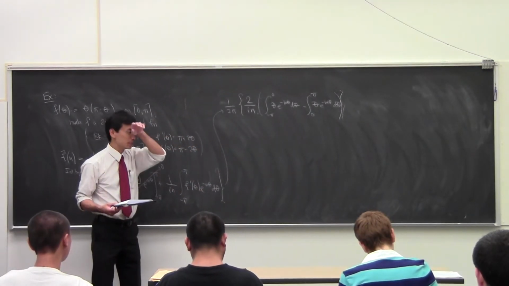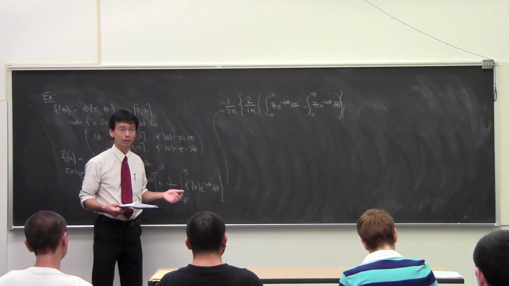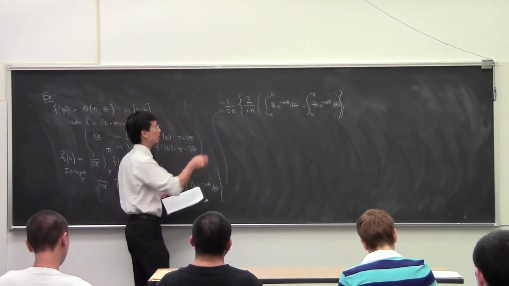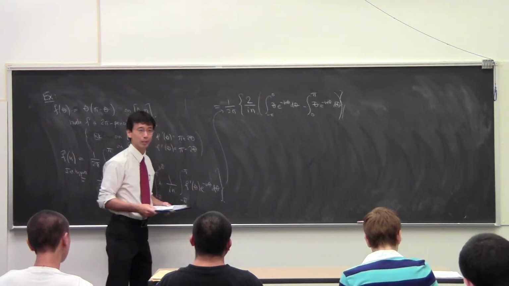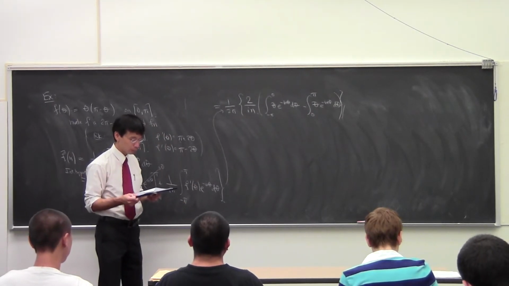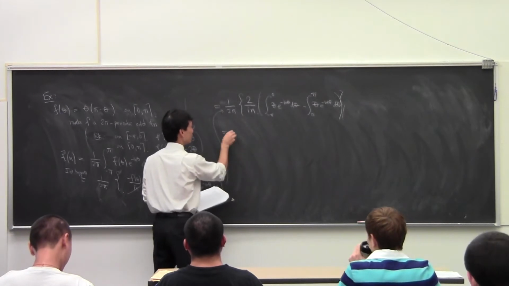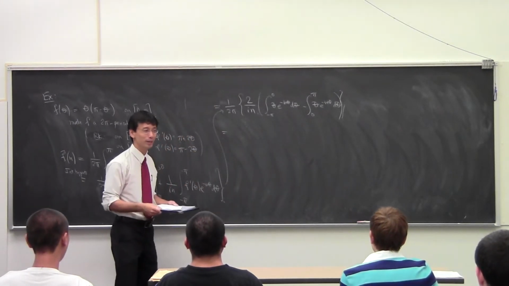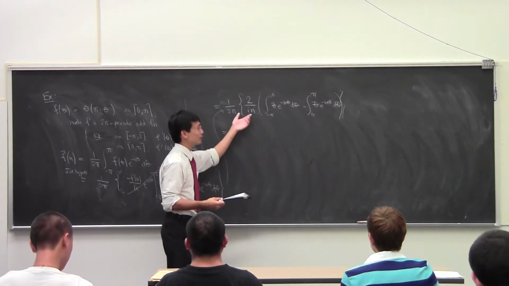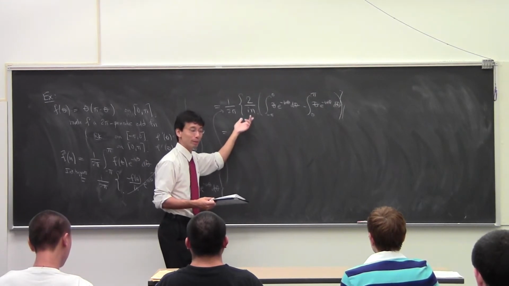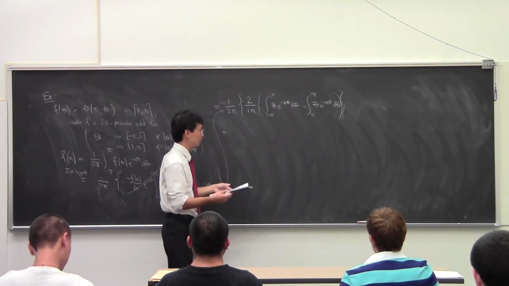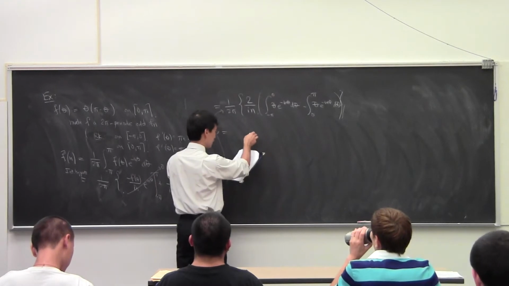I don't know if you want to copy this down. I will send out the notes later. And it's just integration by parts. Okay, so you do some thinking. There's a couple of tricks involved. Maybe I'll leave it to you. Maybe I'll give this as one of the homework problems.